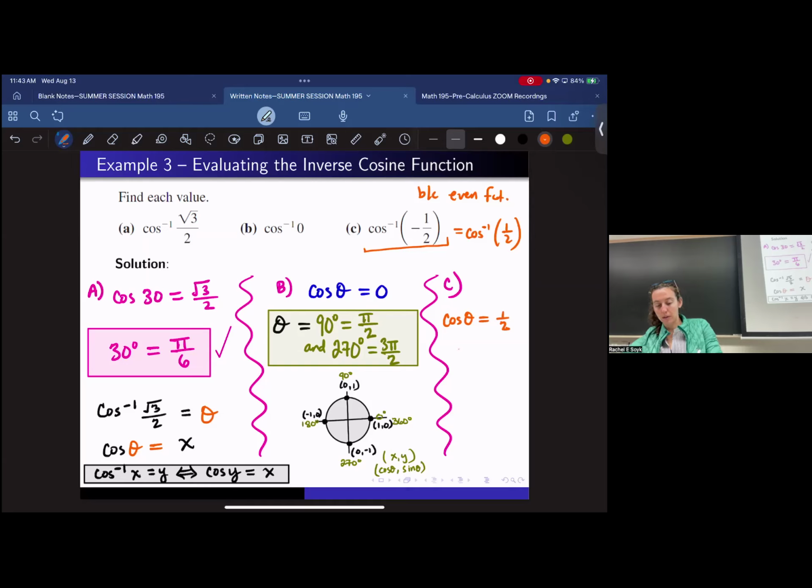And so what do we end up getting? Square root of, oh wait, what am I doing? No, we're talking about angle measures. 60, right? Also known as pi over 3.